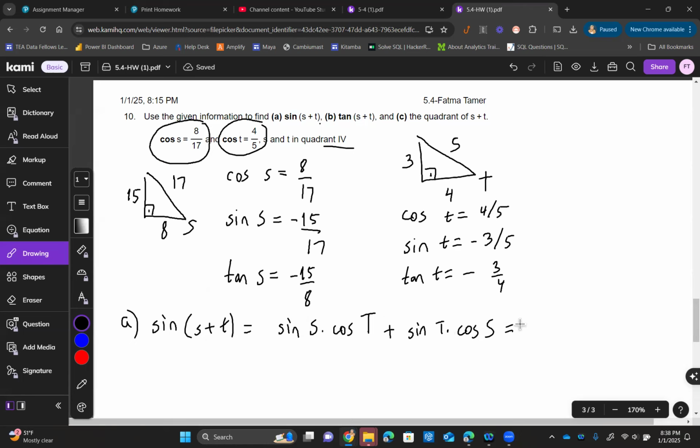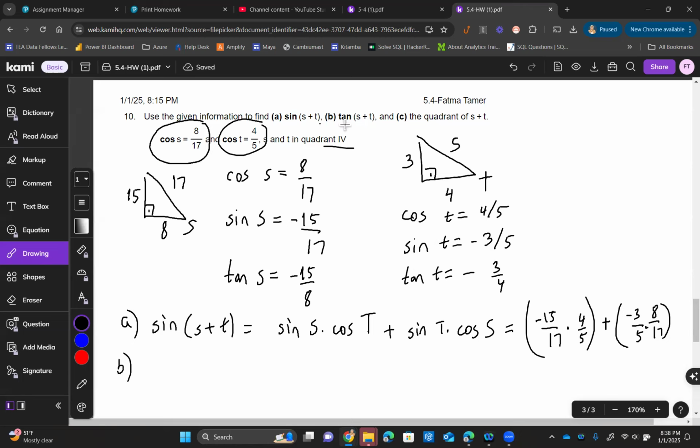And then you have the values from here, negative 15 over 17, and then cosine of T is 4 over 5. We'll have to multiply them first, and then plus sine of angle T, that's negative 3 over 5, and cosine of angle S is 8 over 17. So do the multiplication first and then add those two fractions. You will get the answer for part A.